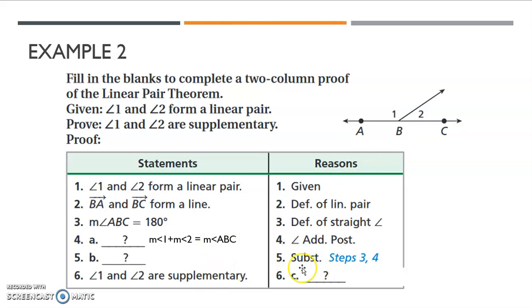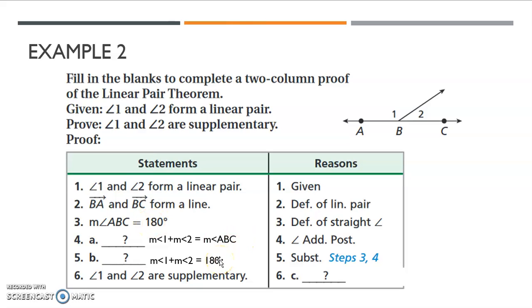Now, in step 5, they want you to use substitution, and they gave you the hint of using steps 3 and 4. So see if you can figure out what in step 3 can be put into the equation we had in step 4. Okay, and I just replaced ABC with 180 because notice angle ABC is 180 degrees, so I replaced it in there.